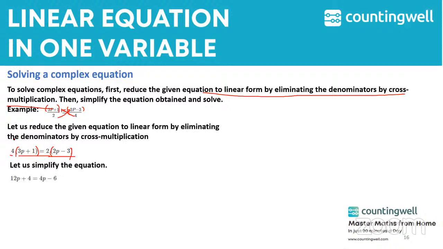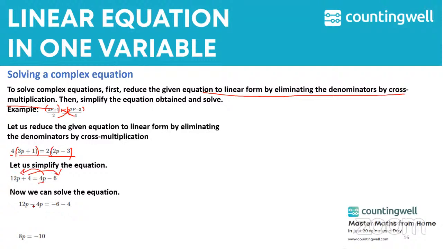Then we simplify the equation. We multiply 4 to each term of the first bracket, which is 12p plus 4. Then we multiply 2 to 2p minus 3, which is 4p minus 6. Now we solve this equation. We transpose all the variables to one side and constants to the other side.